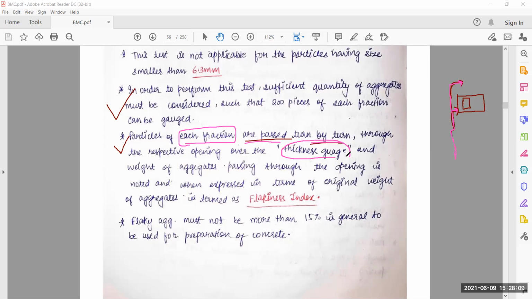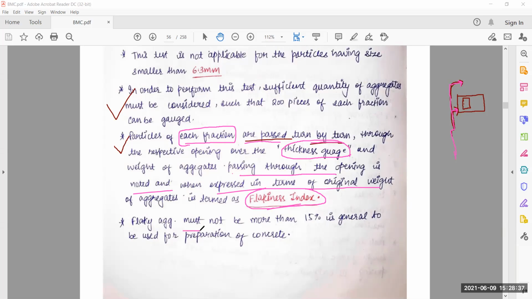We pass the aggregate one by one through the thickness gauge, and the weight of aggregate passing through the opening is noted, and when expressed in terms of the original weight of aggregate, it is termed as the flakiness index, and this test is known as the flakiness index test.